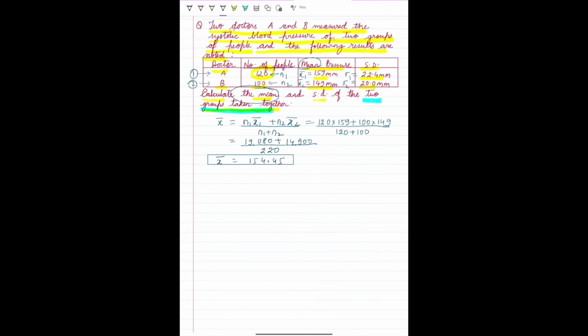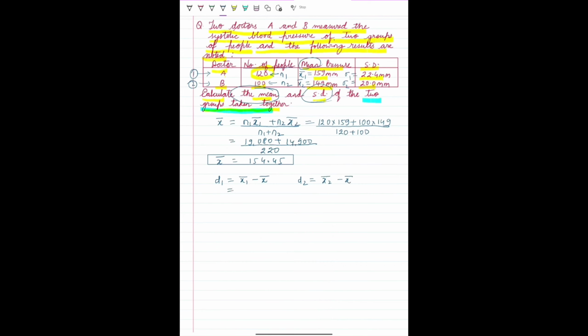Now we move on to the combined standard deviation. Before we start calculating it, we need to evaluate the deviations d1 and d2. d1 is x1 minus x bar and d2 is x2 minus x bar.